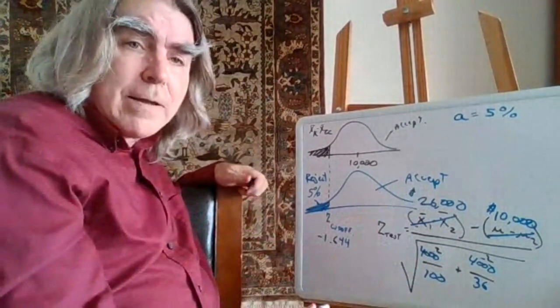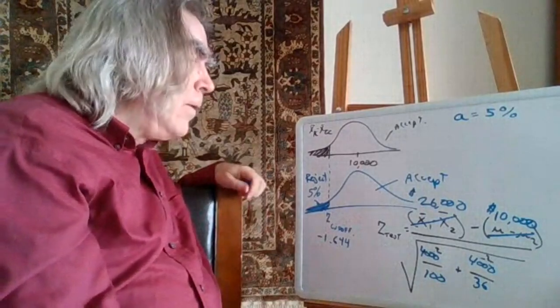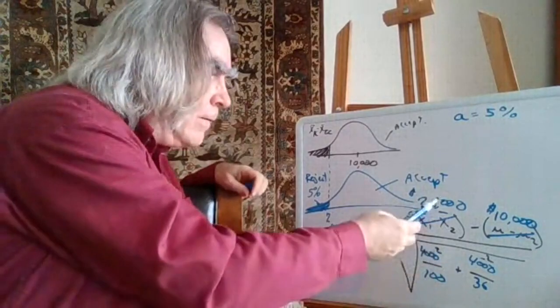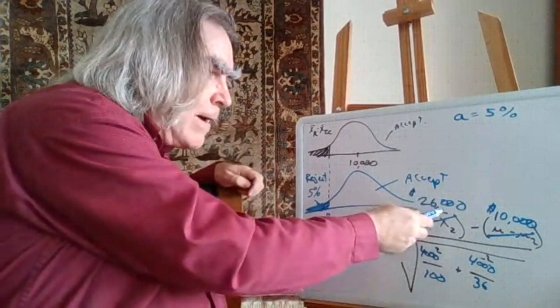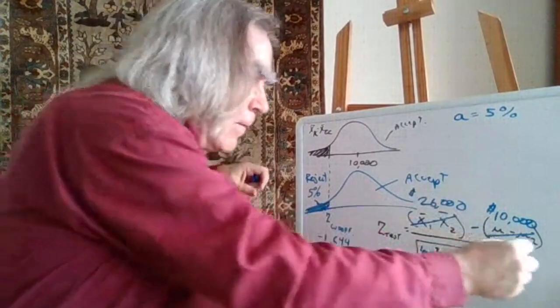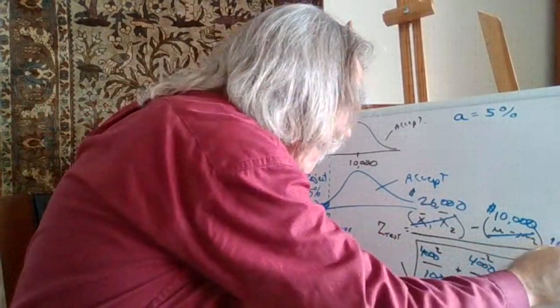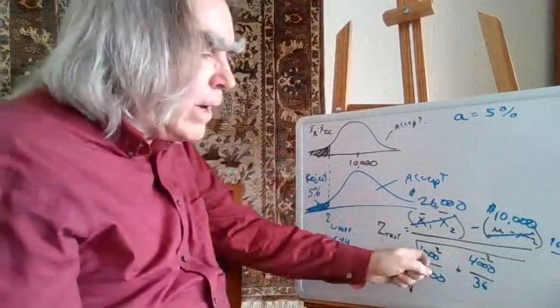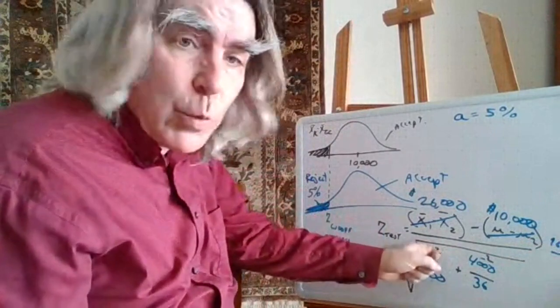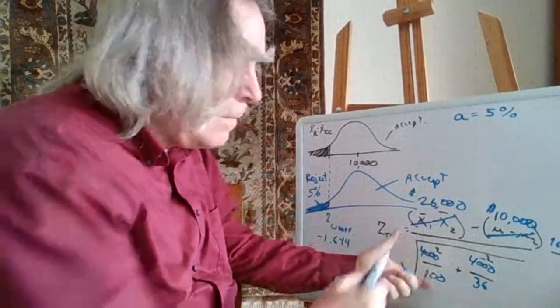We just have to methodically calculate what they all are. 26,000 minus 10,000, so the top is going to equal 16,000. On the bottom, we take 4,000, square it, divide by 100.